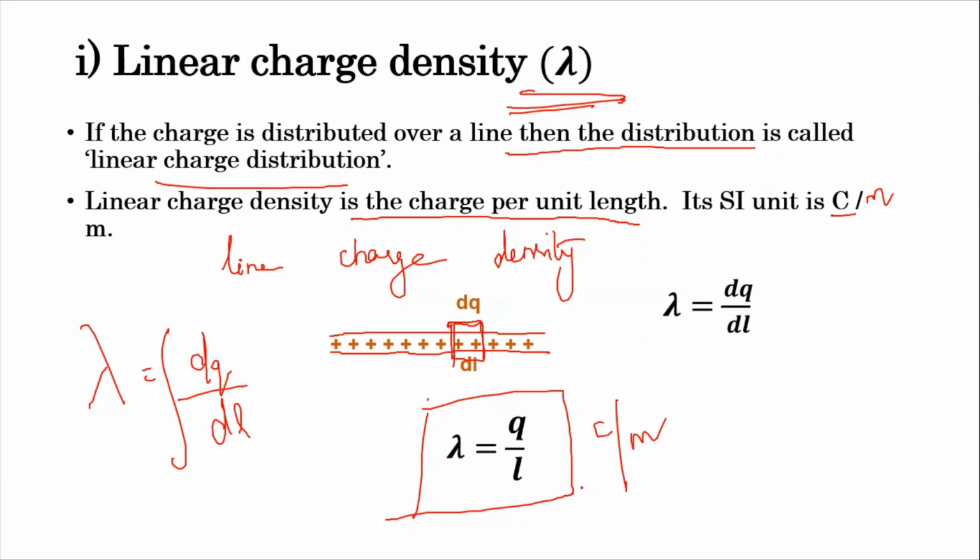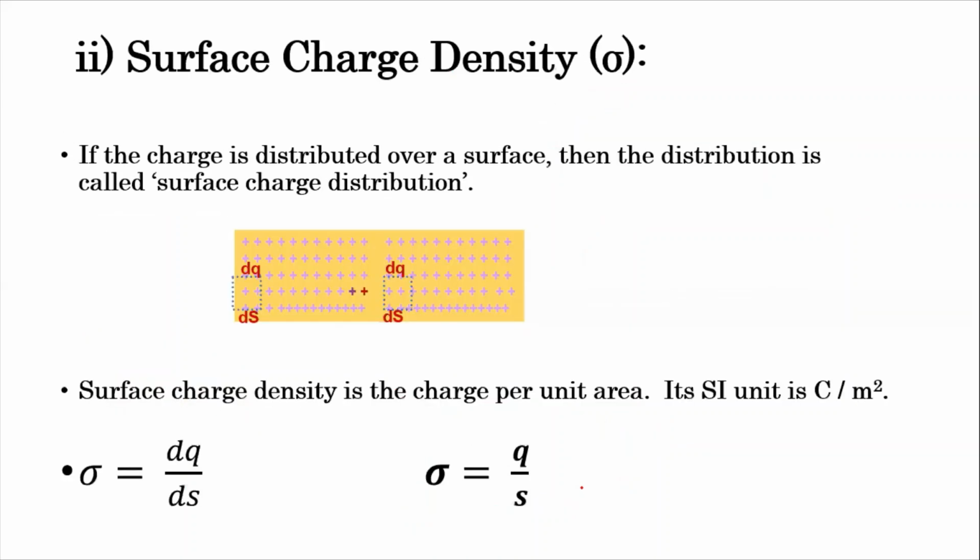With this understanding, we move on to surface charge density. Surface charge density is indicated by sigma. Remember, surface sigma, and line lambda. If the charge is distributed over a surface, like a metal sheet, then the distribution is called surface charge distribution.